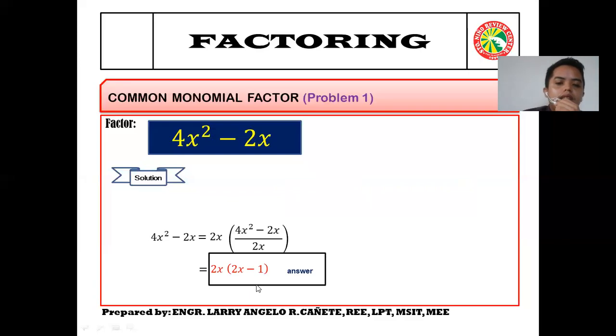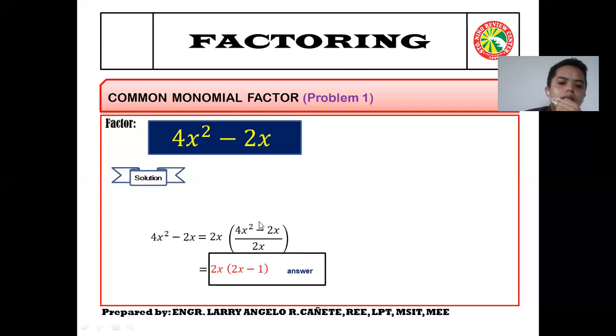If you find it difficult to factor out, since the board exam has choices, you can simply pick a choice and reverse the process, or do reverse engineering. For example, this is choice A, and then you distribute.